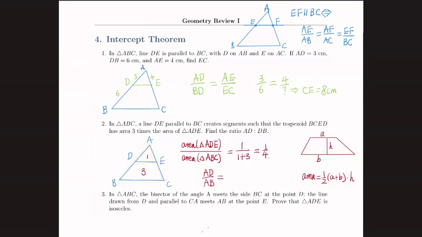So the ratio of the area is the square of the ratio of the sides. And why is that? Maybe one more step, it will be the square.